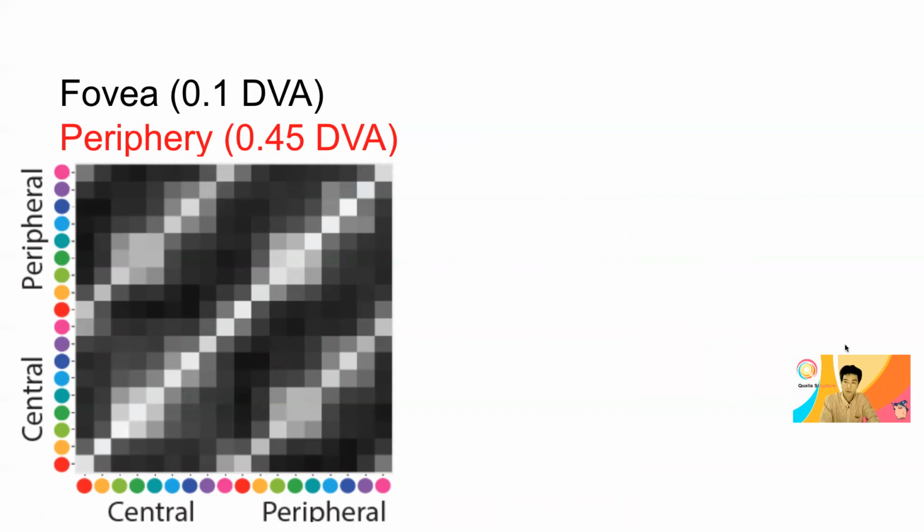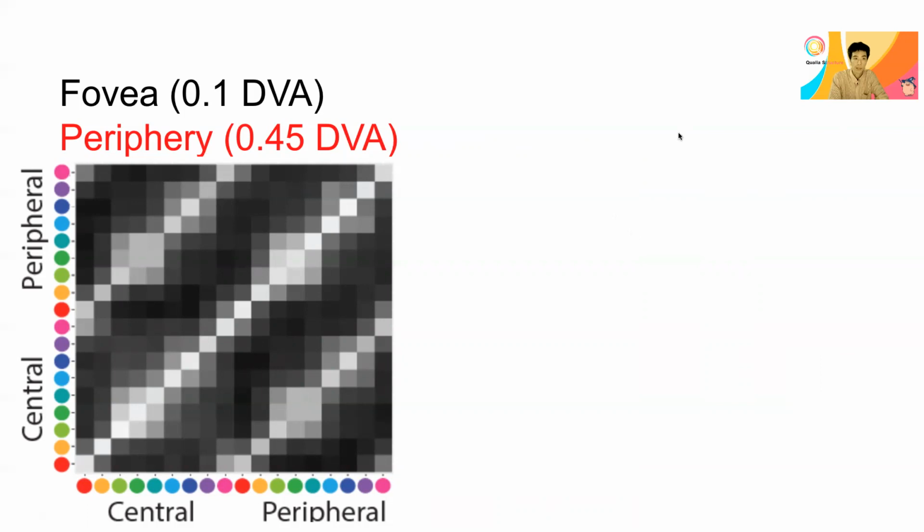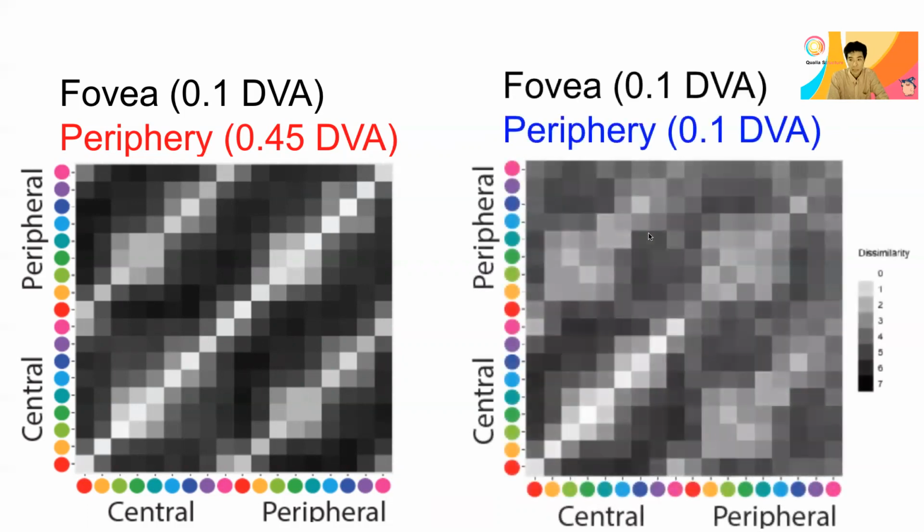What happens if we use very small stimuli at the fovea and the periphery? Then it indeed degrades quite a bit for the peripheral-related structure. Within the central comparison, because the foveal stimulus is the same size, the left side comparison structure and right side are the same.